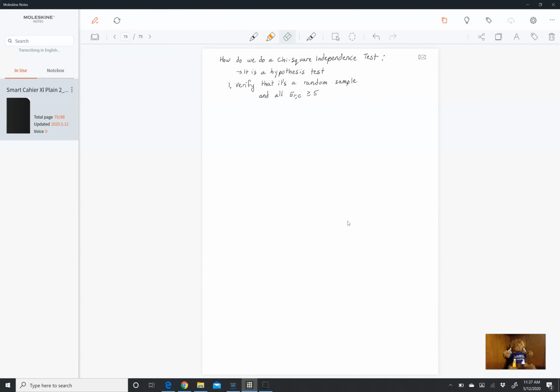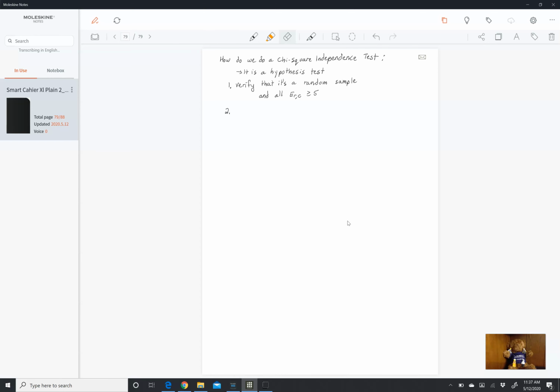Again, this is like a multinomial experiment, right? We have multiple categories. With the ice cream, we have cups, cones, sundaes, sandwiches, other. So this is a multinomial experiment. N times P has to be greater than or equal to 5.